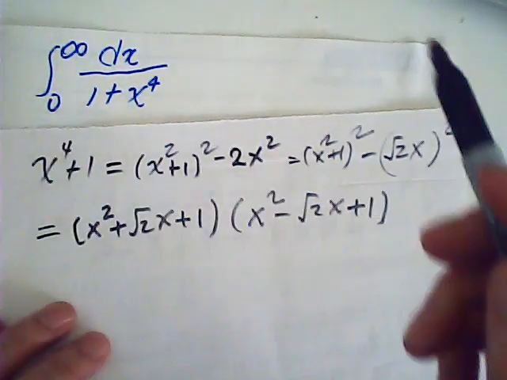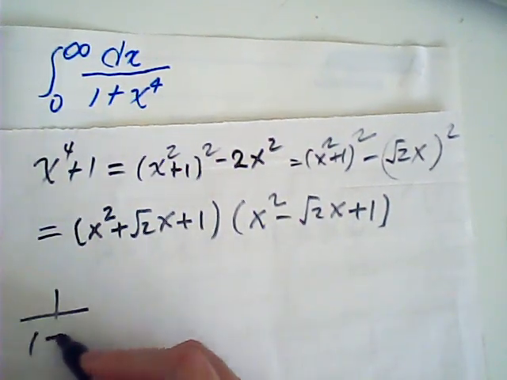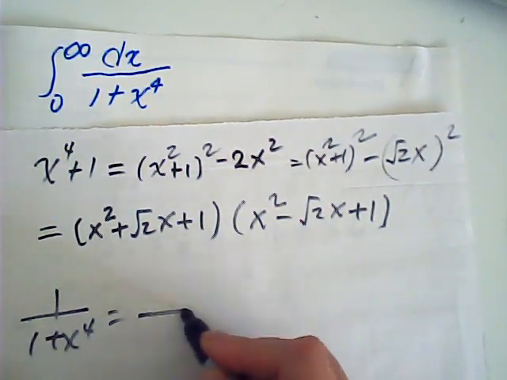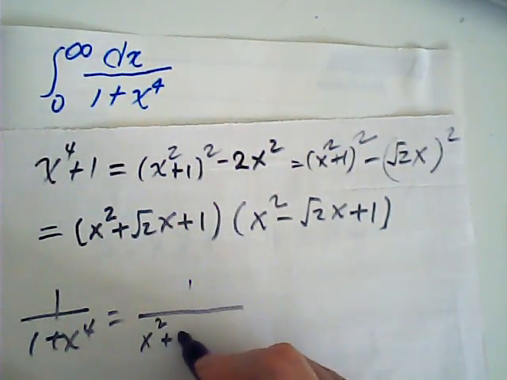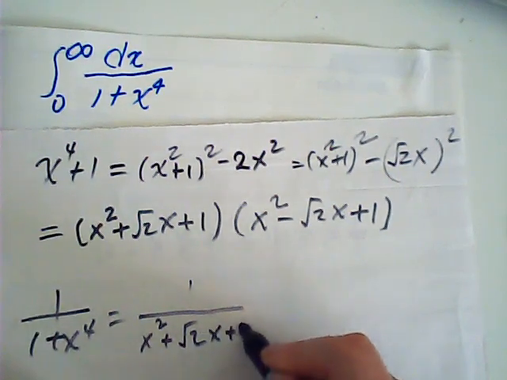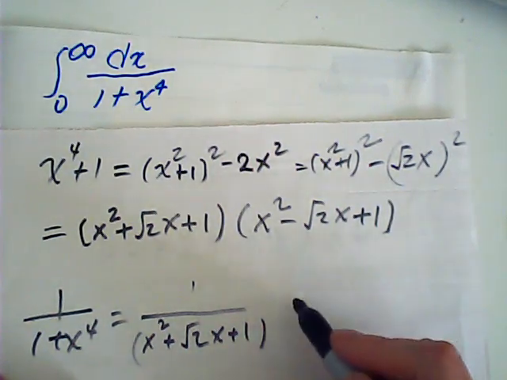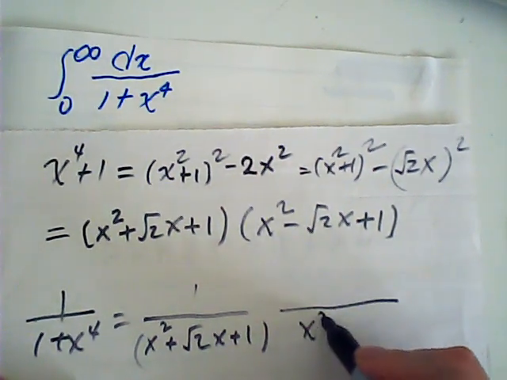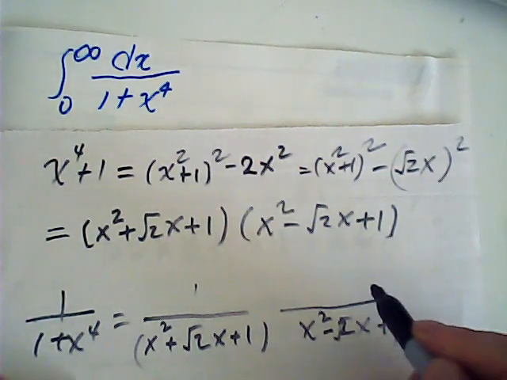So therefore this denominator becomes x squared plus root 2x plus 1 multiplied by this one, minus root 2x plus 1, right?